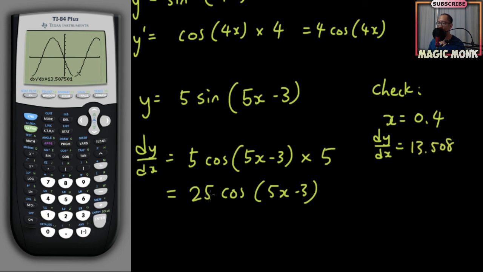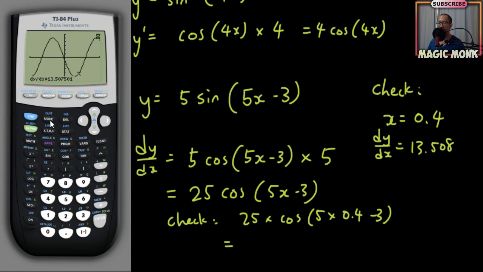Okay, now let's do a check. This is still the checking part. 25 times cosine 5 times 0.4 minus 3, just to make sure that our gradient function is correct.